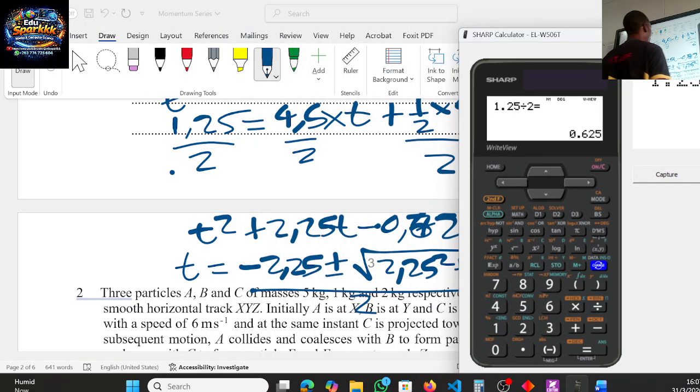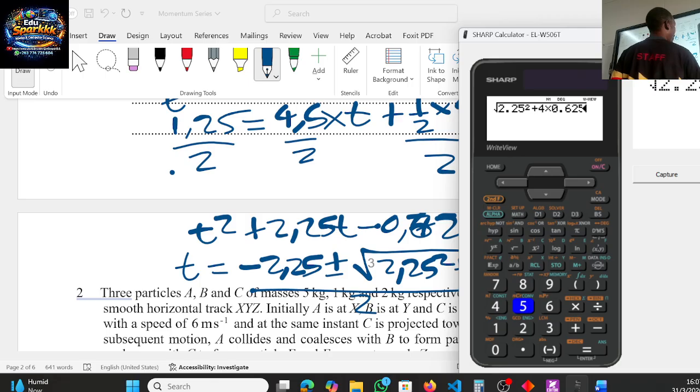Because time cannot be negative, I'm expecting to get a positive from the plus. So let's say the root of 2.25 squared plus 4 times 0.625. If I get out of the root, it looks like it gives me 2.75.